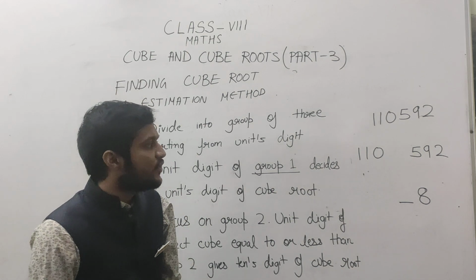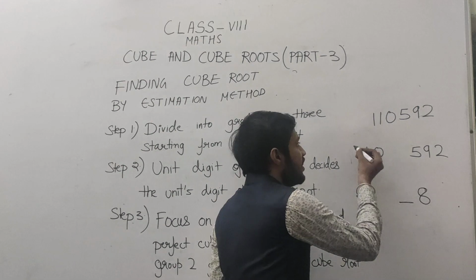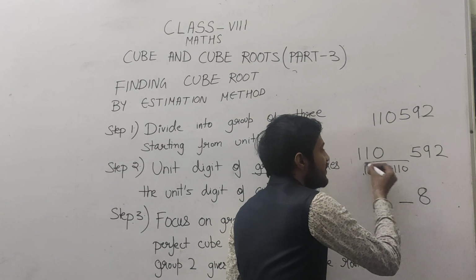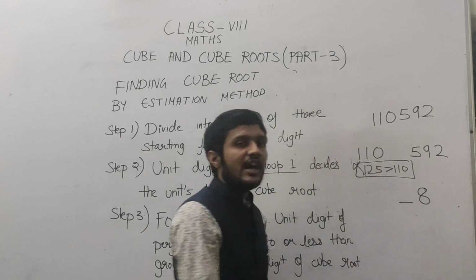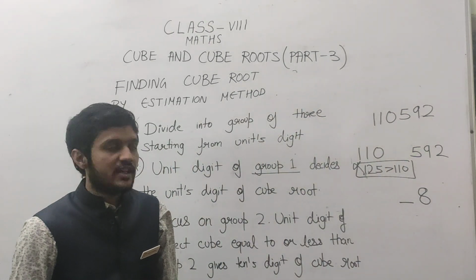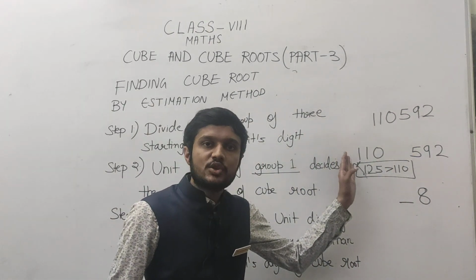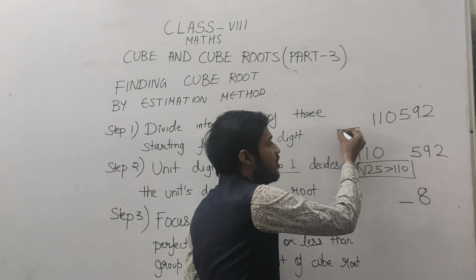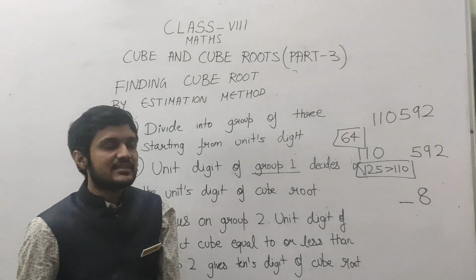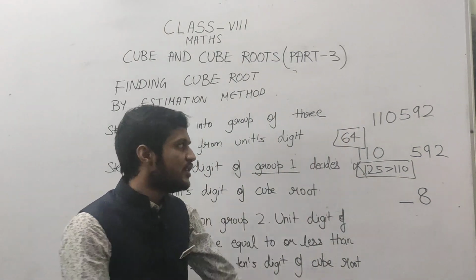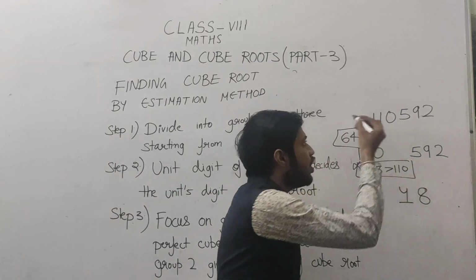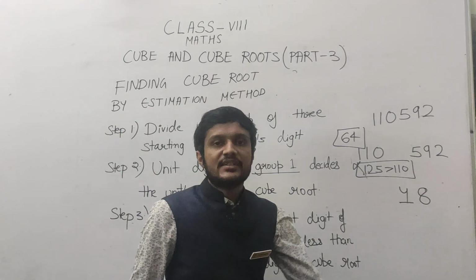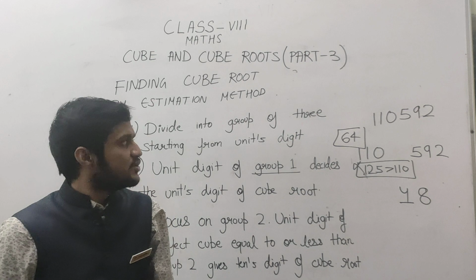Cube of 5 is 125, which is greater than 110, so we can't take 125 here. The previous perfect cube is 64, so we will take 64. The unit place digit of 64 is 4. So the cube root of 110592 is 48. This is the estimation method.